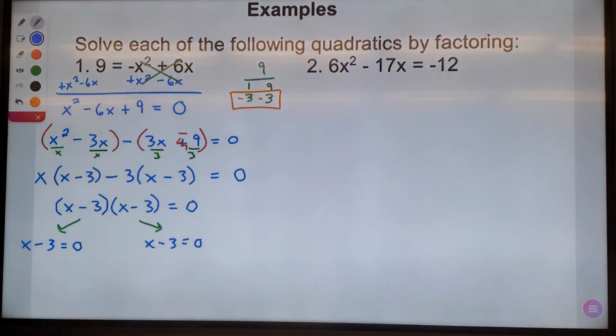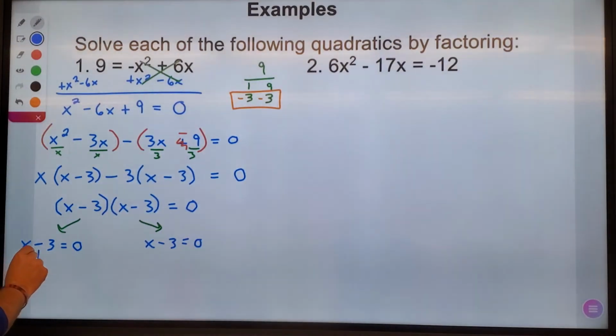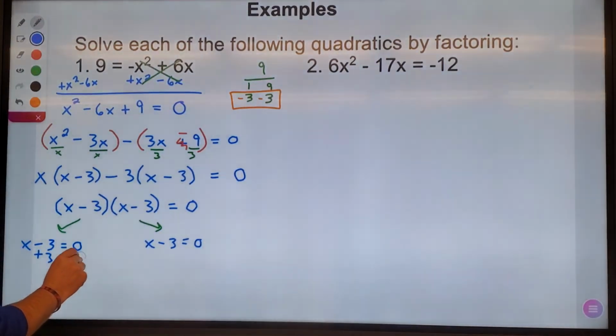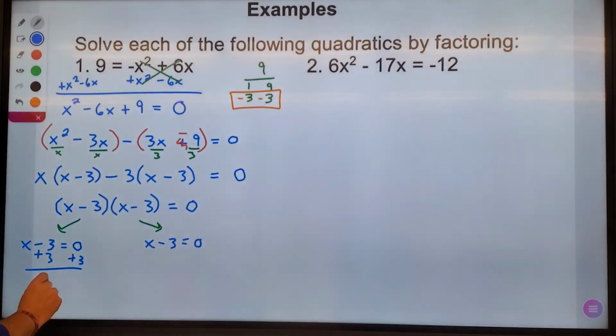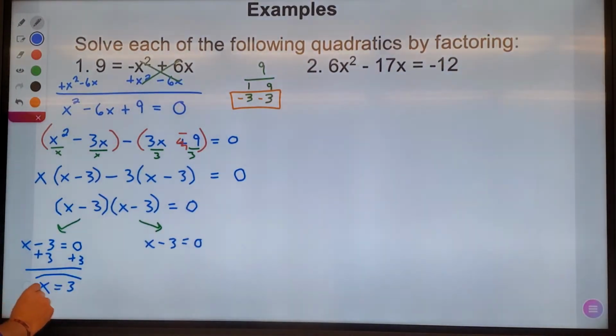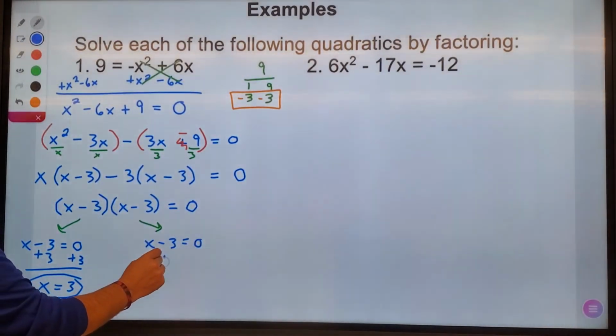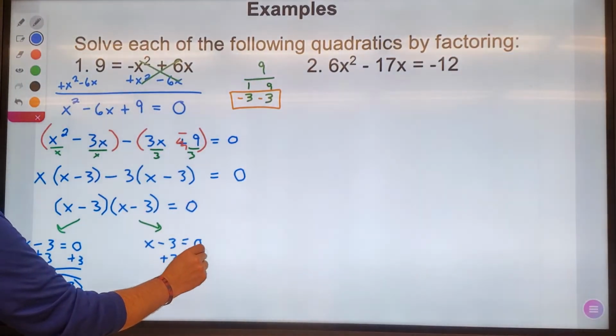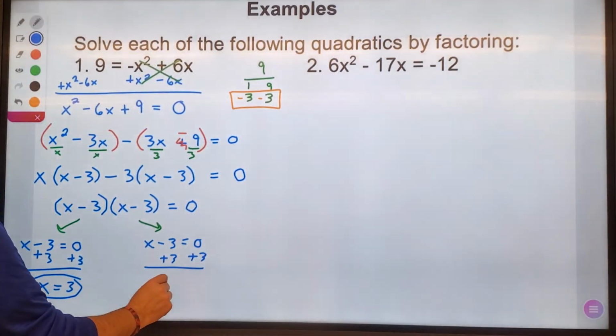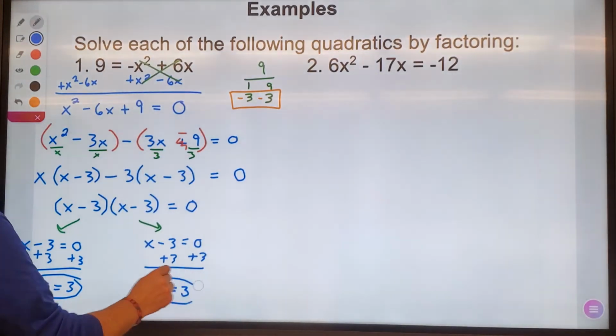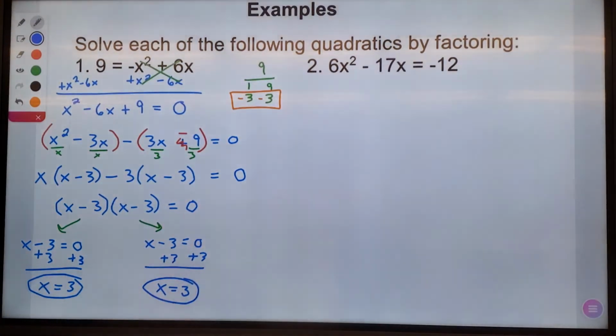And I'm going to solve them. So here I have plus 3. x equals 3. Here I would do the same thing because it's the same thing.